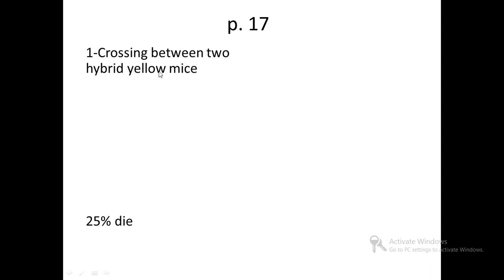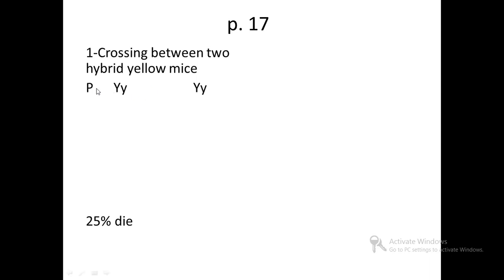Yellow mice, bulldog strain, absence of chlorophyll or the plant grows in white color, or infantile dementia are keywords for lethal gene, and also the presence of the word die in the problem. Okay?